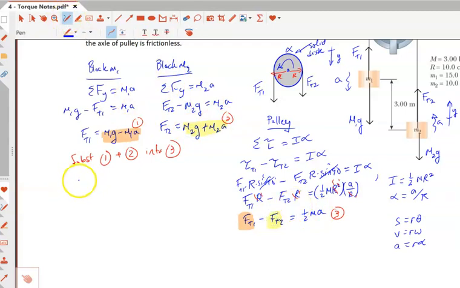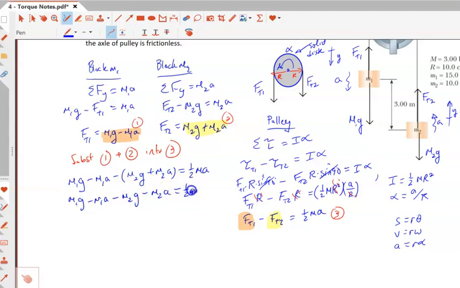So we're going to have now m1g minus m1a, and then minus, let's put in brackets here, m2g plus m2a, and that's equal to our net torque of half ma. So if you get rid of the brackets, we'll get the following expression.